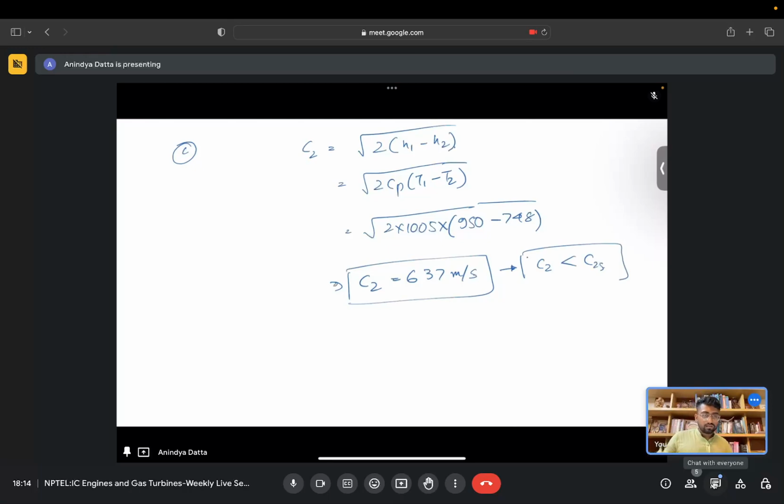The idea of the nozzle is to eject the gases at the highest velocity possible, because the higher the exit velocity, the higher the thrust. But because irreversibility is present in the nozzle, we are not able to achieve that maximum exit velocity.